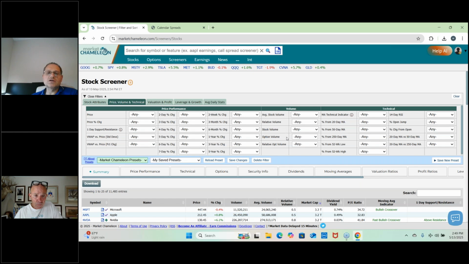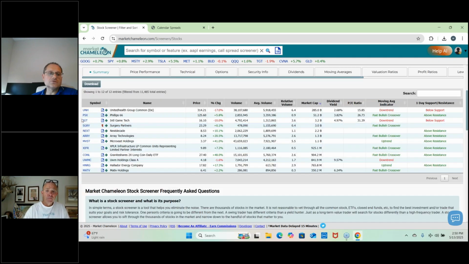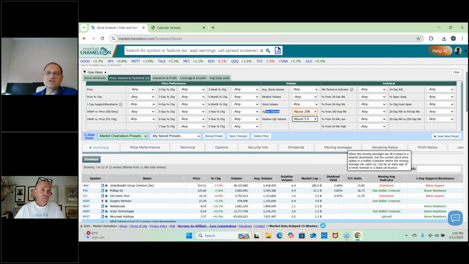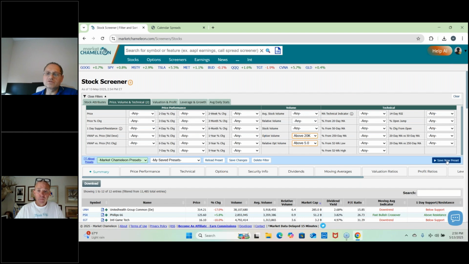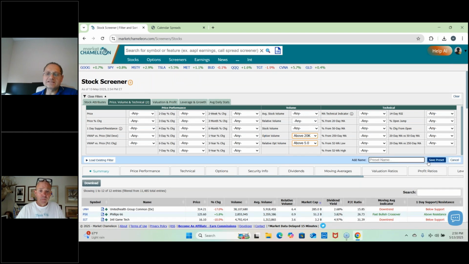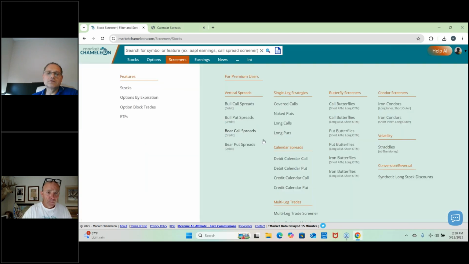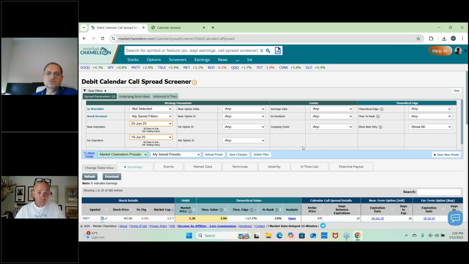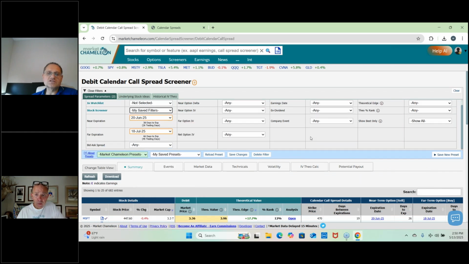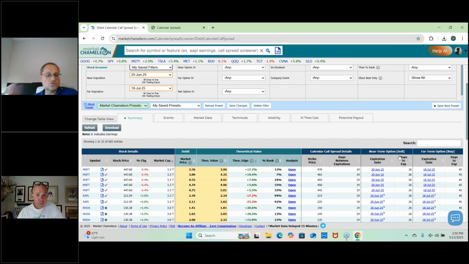Let's say average option volume above 20,000, relative volume above 5. You set all this here, save the screener, give it a name, and save it. Once you've saved it, you can go back and retrieve it. Okay, so that's the way to do that.